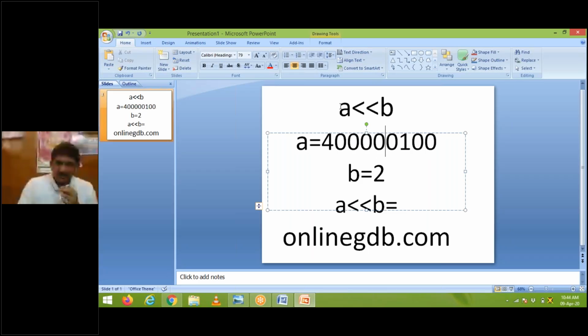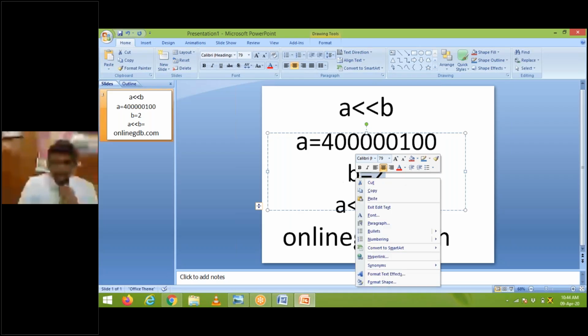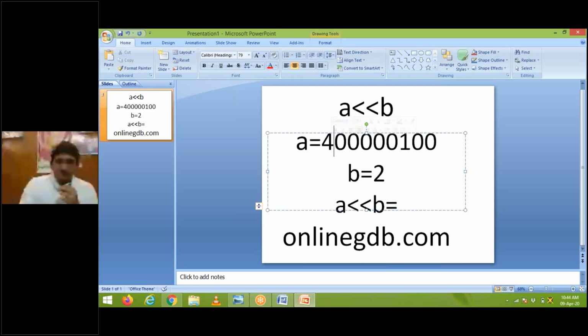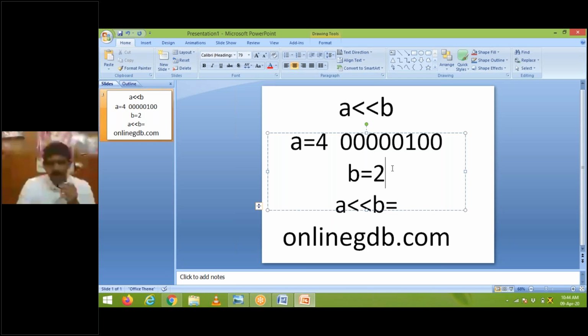That means you add 4 digits in front. And left shift B, what is the value of B? B value is 2. After taking the A value, listen carefully, this is somewhat typical.